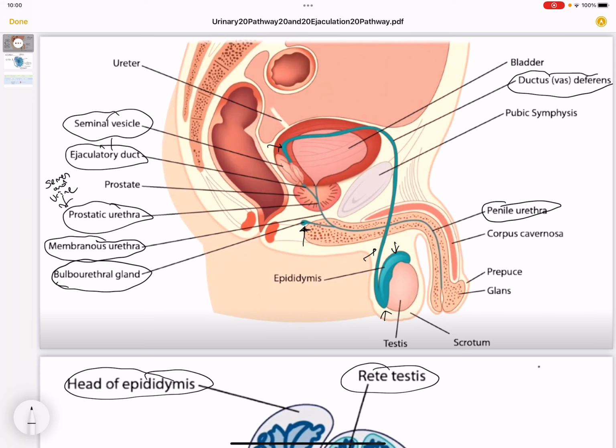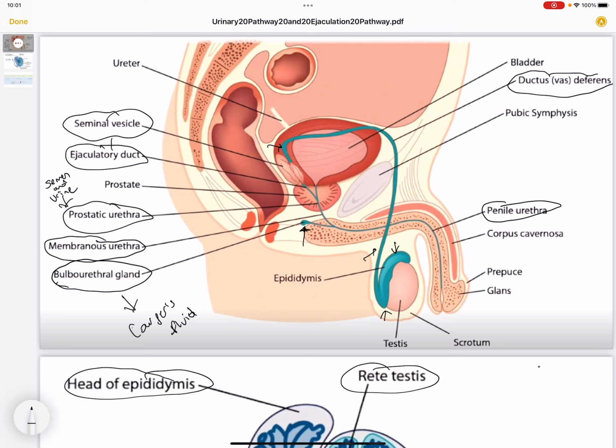The bulbourethral gland is also called the Cowper's gland, and this pre-ejaculatory fluid that it releases is also called Cowper's fluid. Cowper's fluid is basically an alkaline solution that is going to neutralize the acidity of the urine.